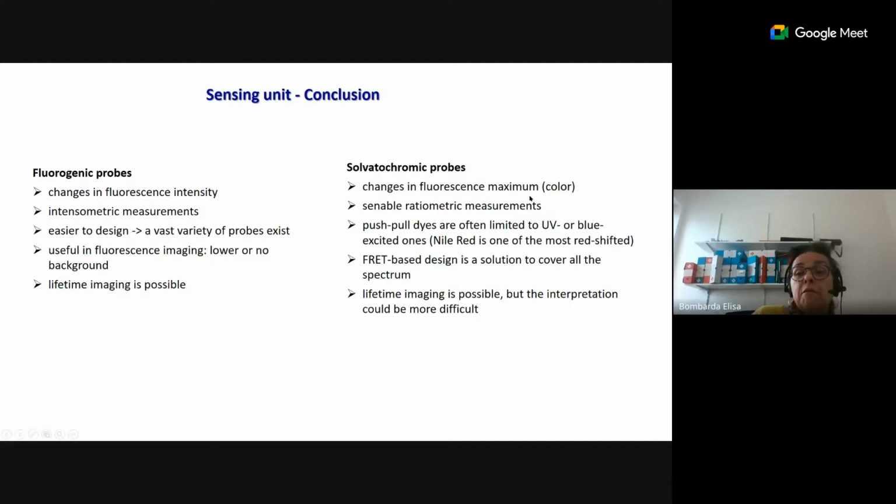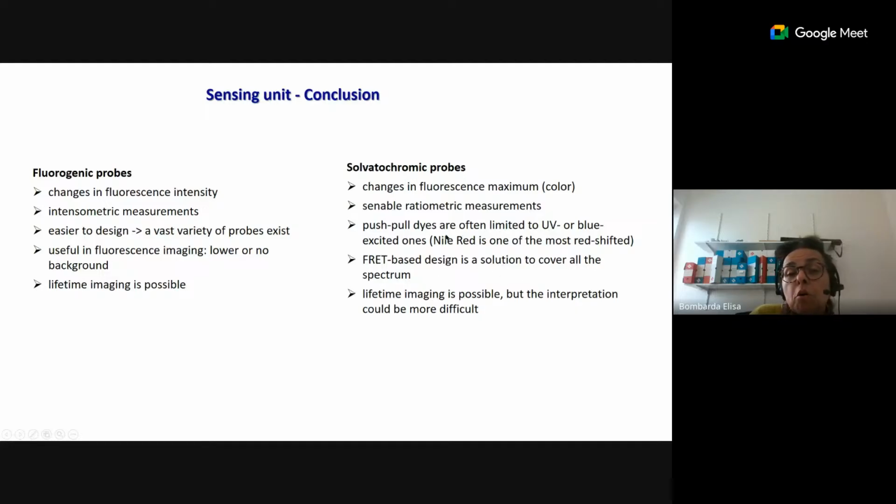Solvatochromic probes have the other characteristic that they can enable ratiometric measurement.